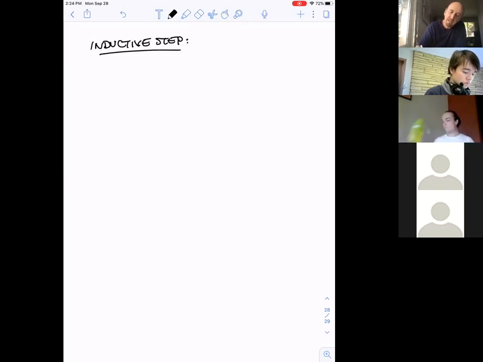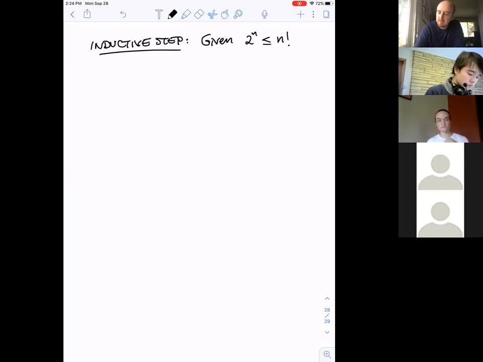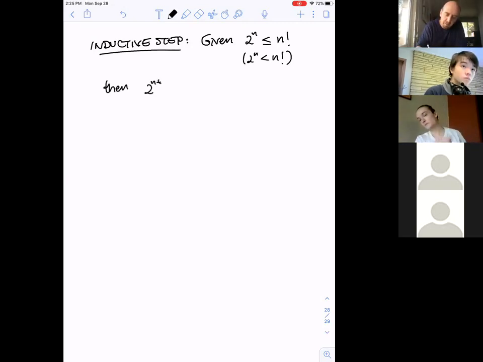Yeah, so I'll just take a cue from something that someone just wrote, but basically everybody's been saying the right thing. Given that 2 to the n is less than or equal to n factorial, and in fact, it's even a strict inequality, right? For some previous value of n, say n greater than or equal to 4, then 2 to the n plus 1, right?